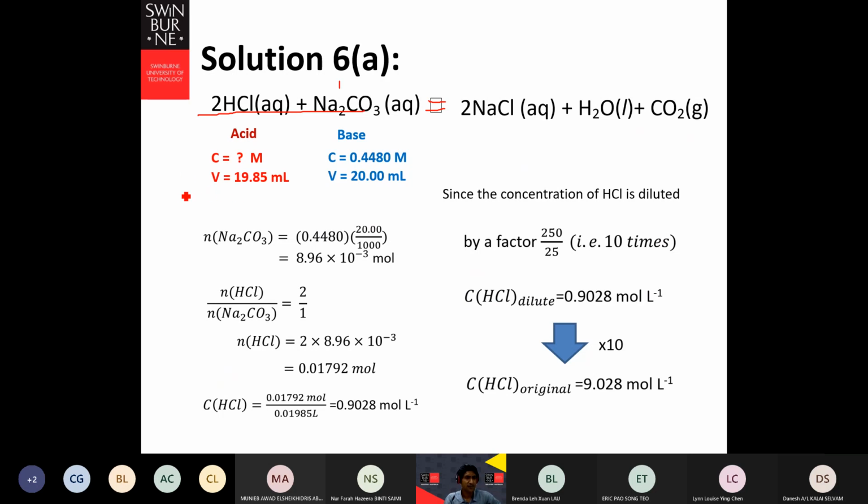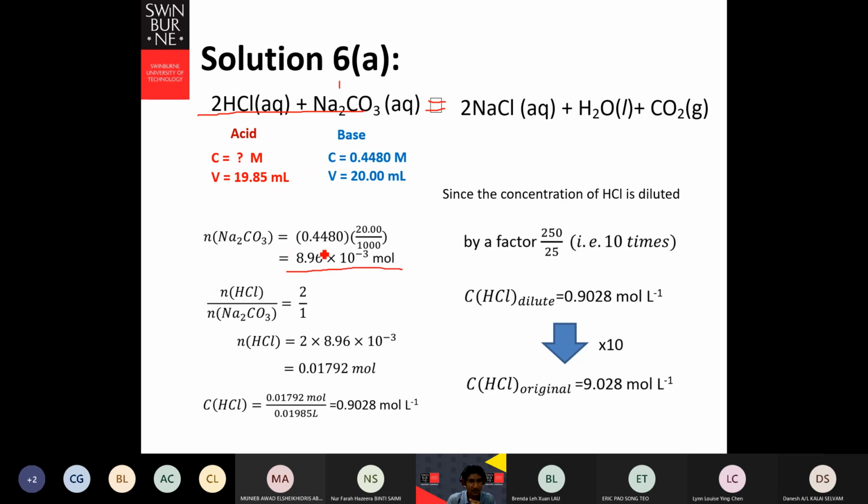For the base, we find the concentration and volume as well. The concentration of sodium carbonate we know, and the volume required was 20 milliliter.